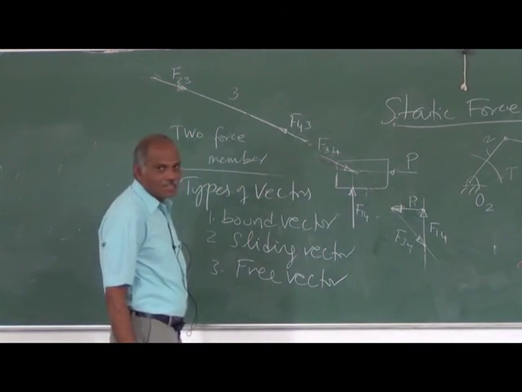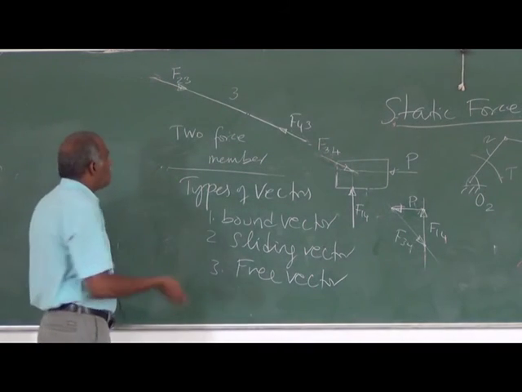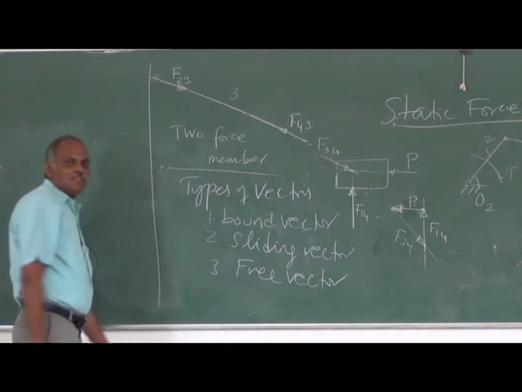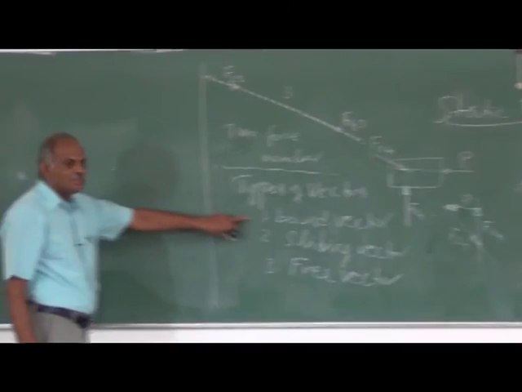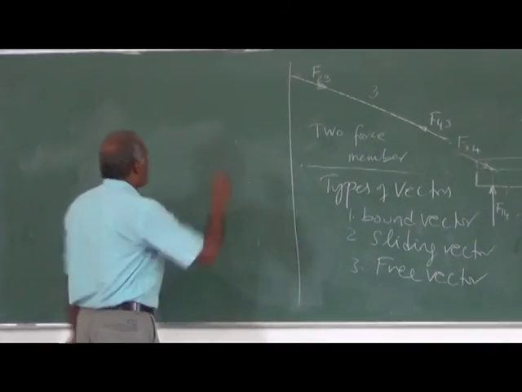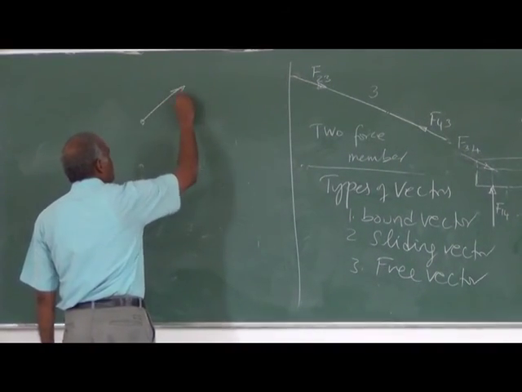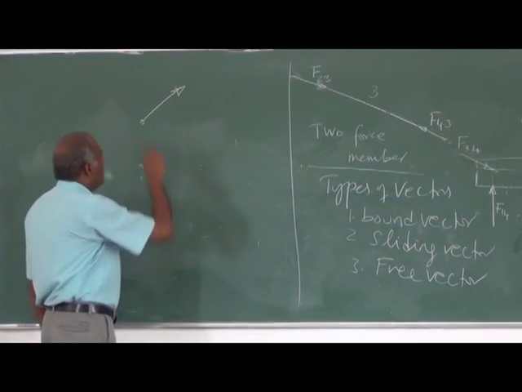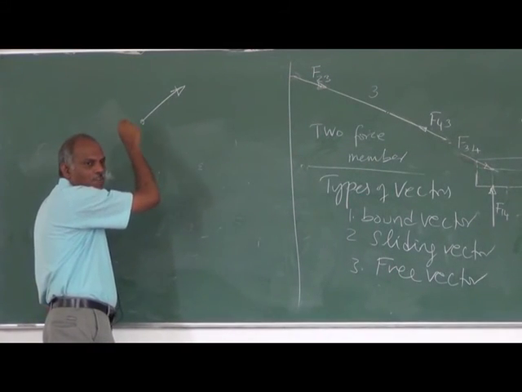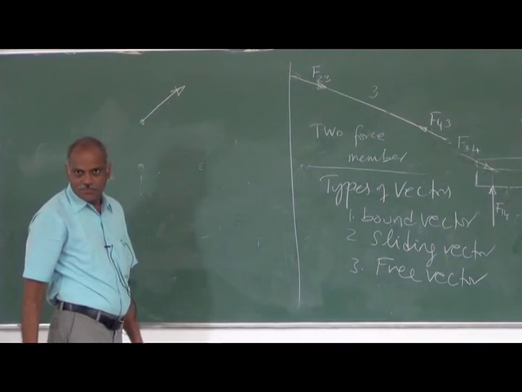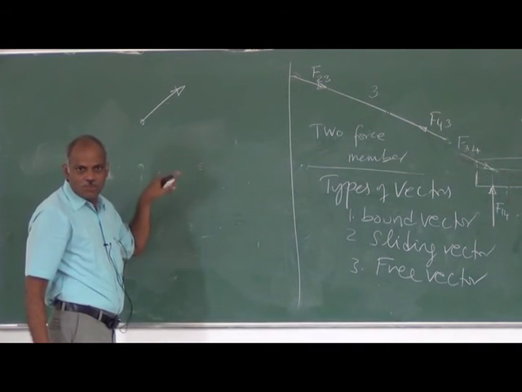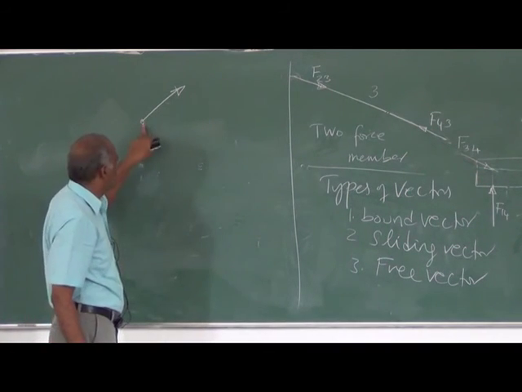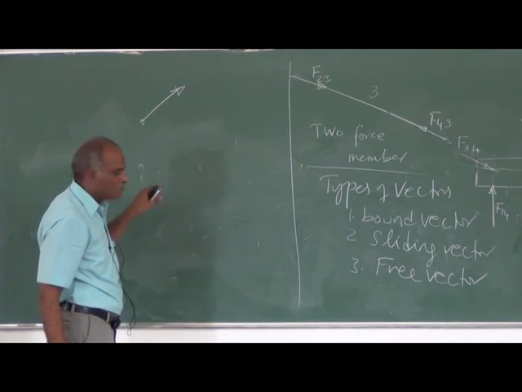What are the three types of vectors? How to define them? If a vector is bound, it cannot be moved. The point of application is fixed, so you cannot move anywhere. This is the bound vector.